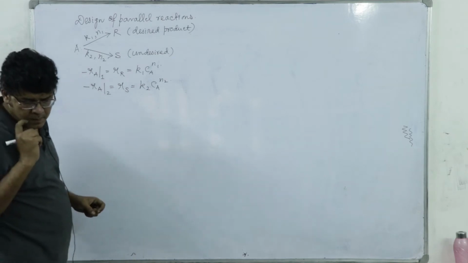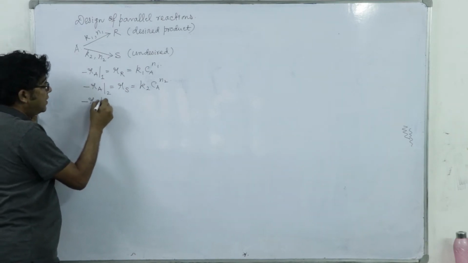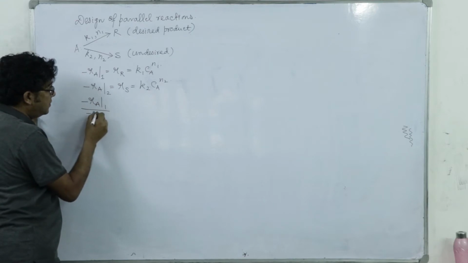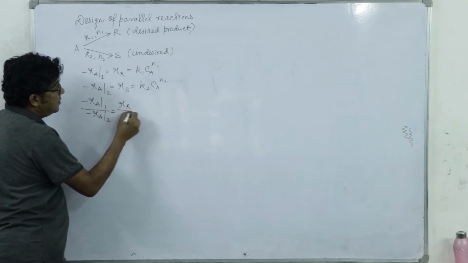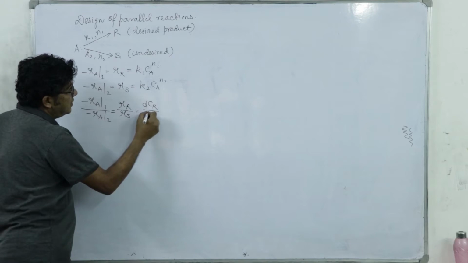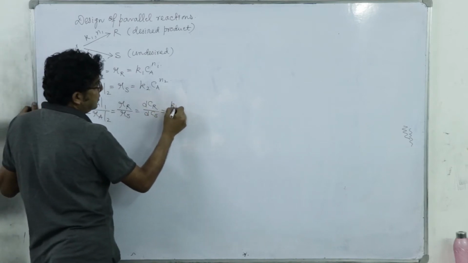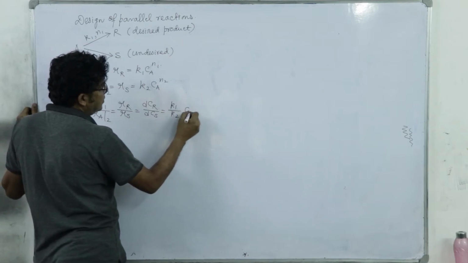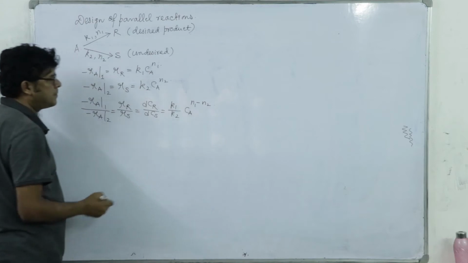If I think of the ratio of these two rates, rR by rS, that is dCR by dCS, it equals K1 by K2 into Ca to the power N1 minus N2.